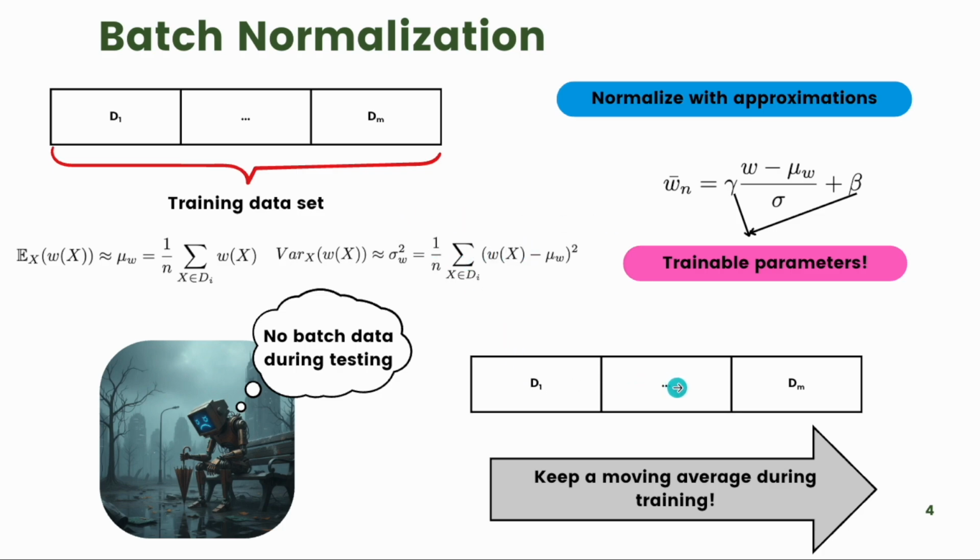Then you will compute some mean and variance for the batch D2, and then you will take an average of these 2, or you'll take a weighted average using the exponential averaging approach. The crux is that you keep a moving average of the different means and variances you're computing for different batches, and you will use this moving average during testing.